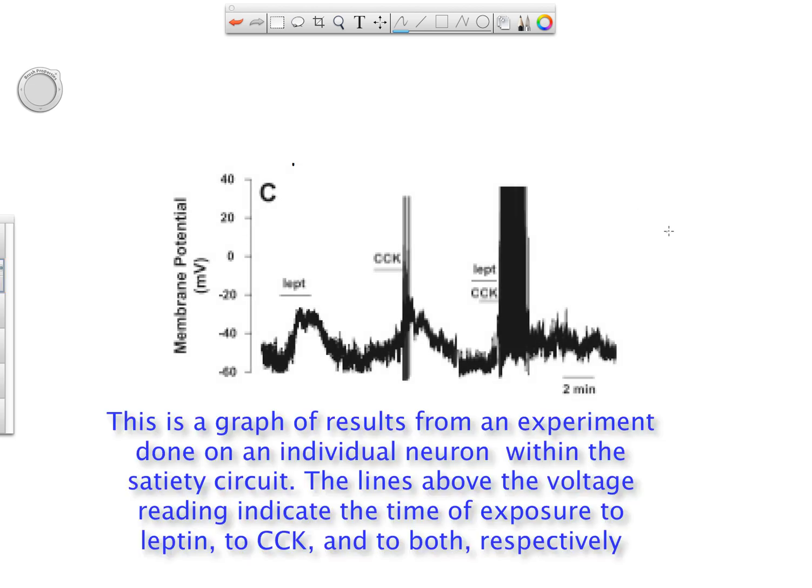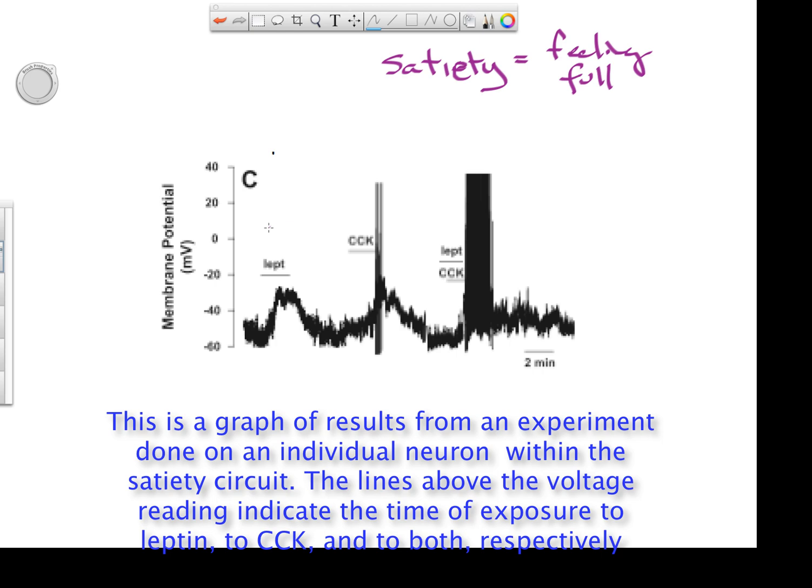Leptin participates in our feelings of fullness. So, satiety is another way of saying feeling full. Action potentials make feeling full more likely. And if you have enough action potentials in these particular neurons, you feel full. At this period of time, leptin is being added, but only leptin, to one of these neurons who, when they fire, give the sensation of satiety, of feeling full.